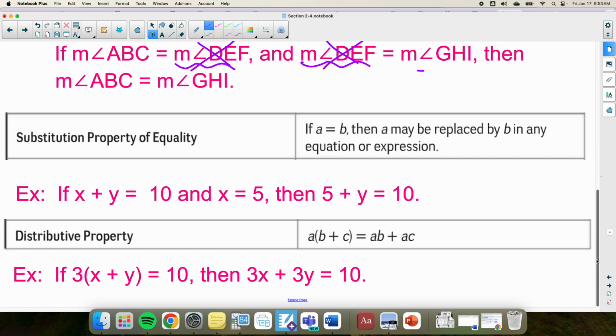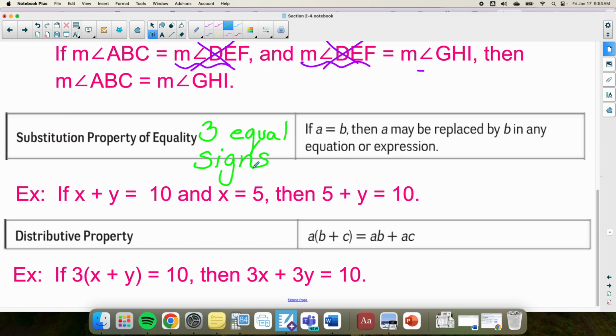All right, now, the one that I think is most confusing is substitution property. This one also has three equal signs, just like transitive. Now notice how transitive is different from substitution. In transitive, this and this have to be the same, and you cross those out, and the outside two are equal.